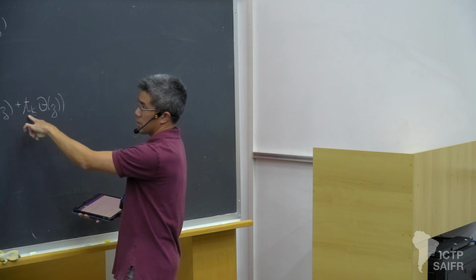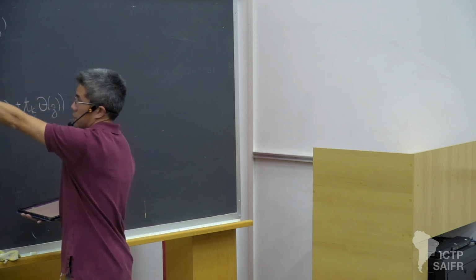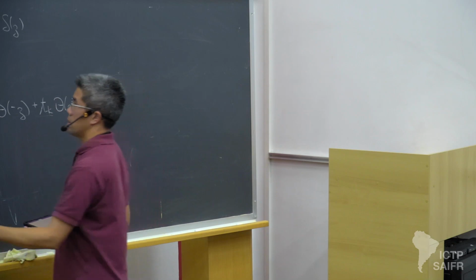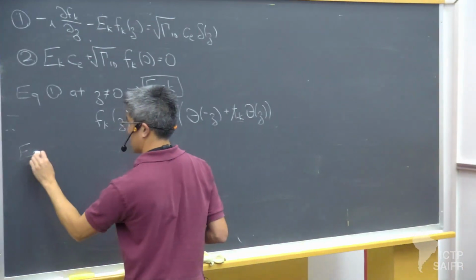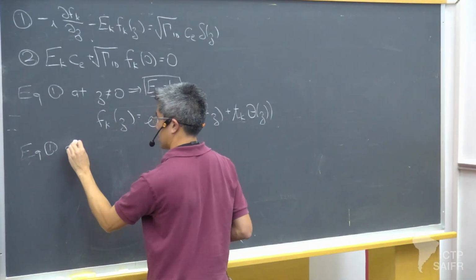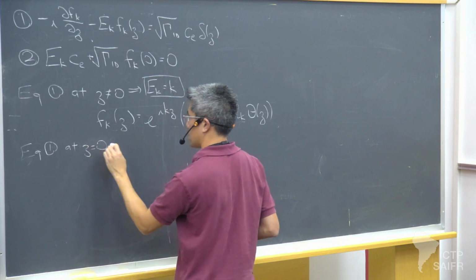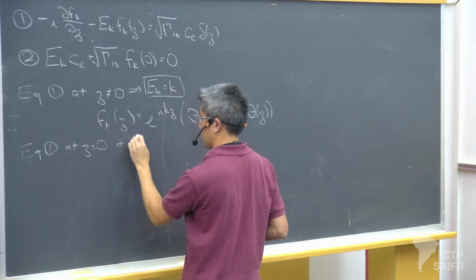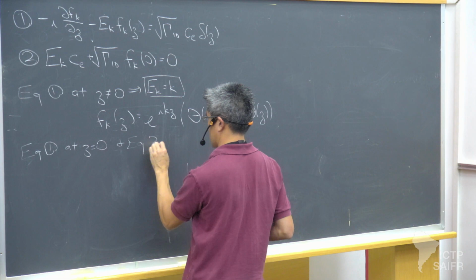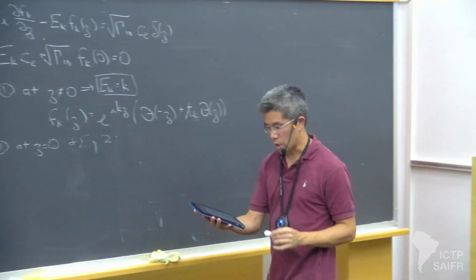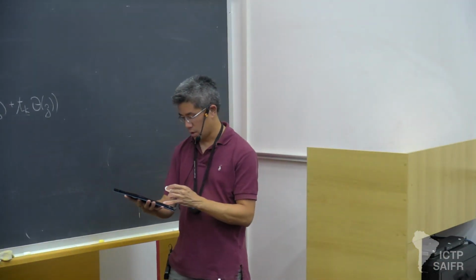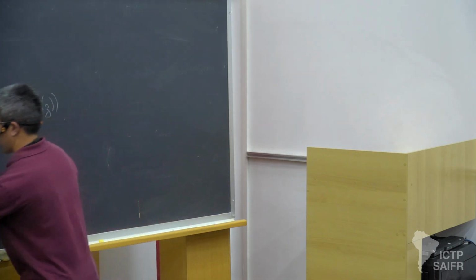But if we plug this back into equation 1, and we also solve equation 2, so equation 1 at z equals 0 and equation 2, they allow us to solve for the transmission coefficient and also for c_e.